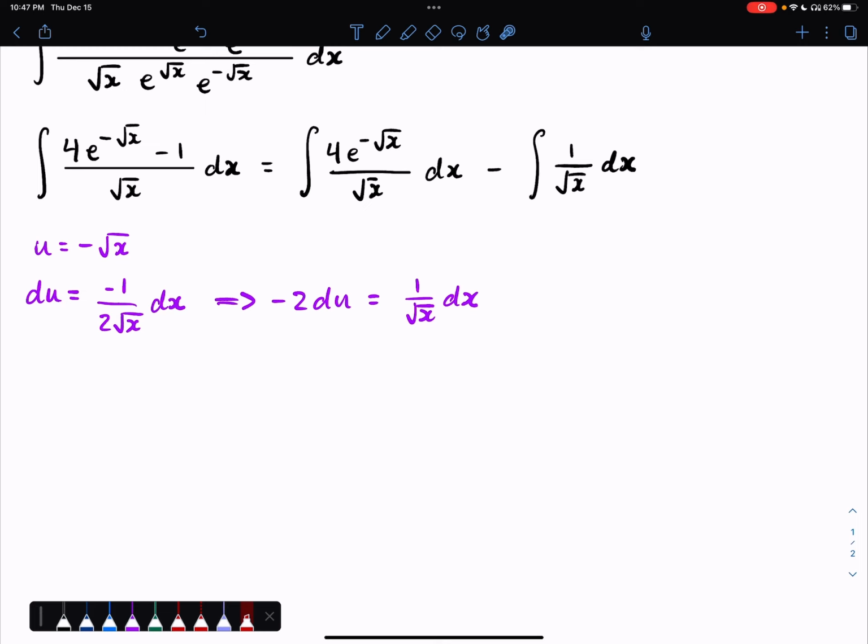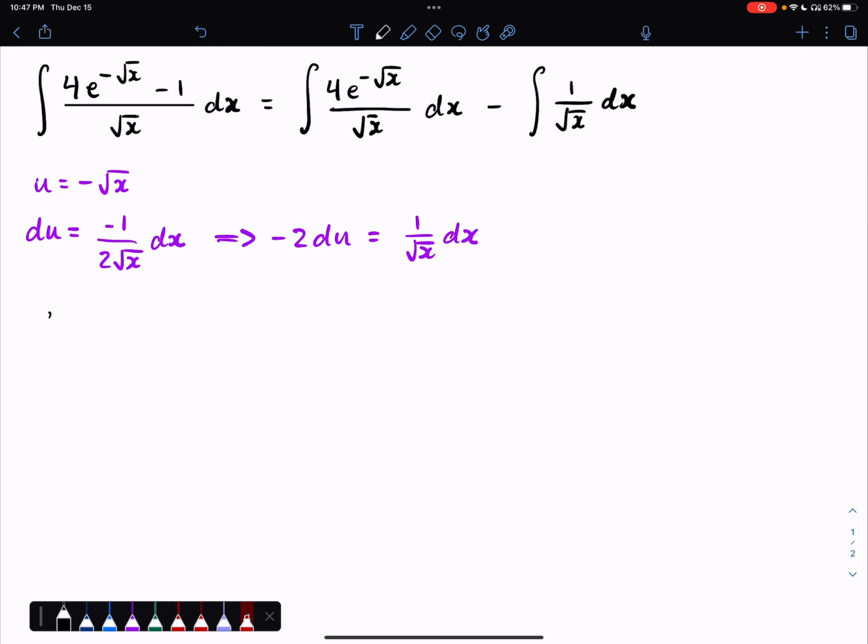And now this is exactly what we have here. So now we can rewrite this in terms of our u expression. So we're going to get 4e to the u times negative 2 du minus the integral of 1 over square root x dx.